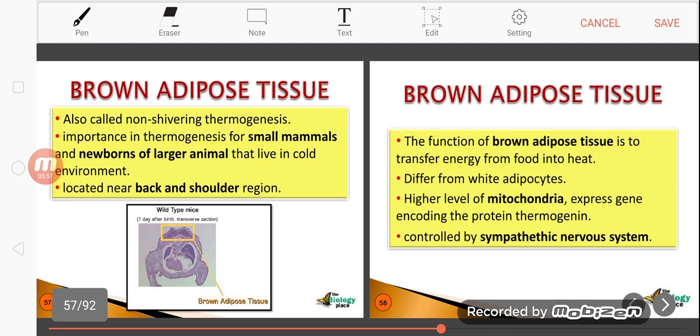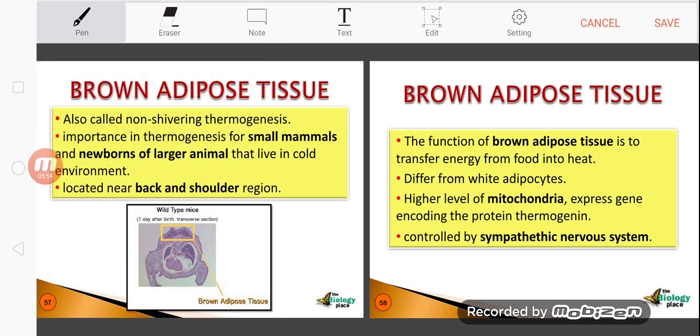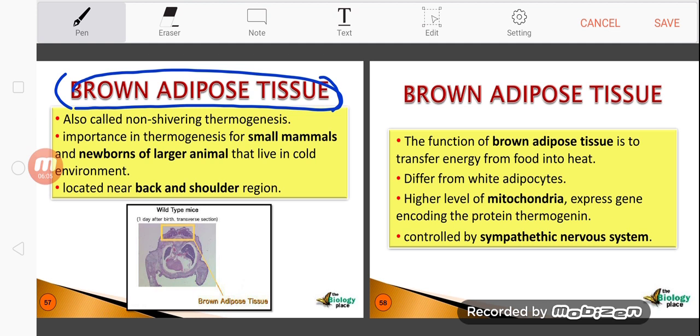Look into non-shivering thermogenesis. It involves this tissue here, brown adipose tissue. This BAT, brown adipose tissue, is different from white adipose tissue. White adipose tissue, or white adipocytes, are cells that store fat, right?